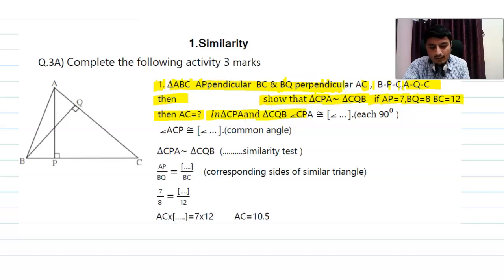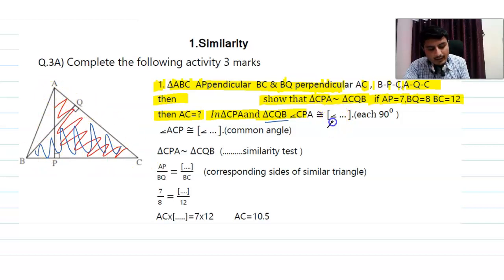look at the triangles. The first triangle we have is CPA, this red shaded triangle, and the next triangle we have is CQB, the blue shaded triangle. We have here angle CPA congruent to angle CQB.